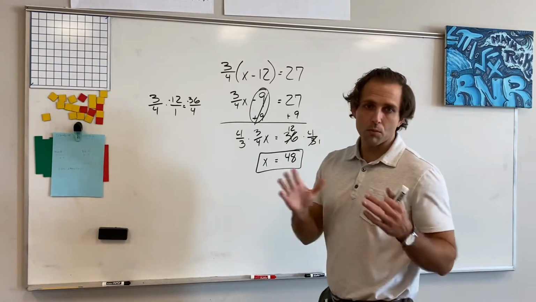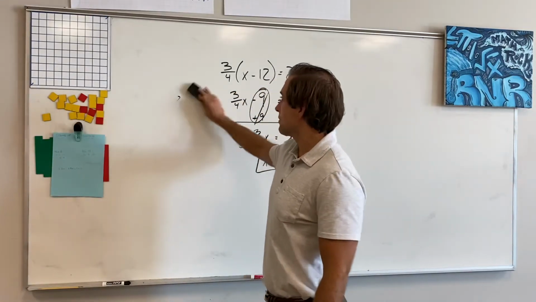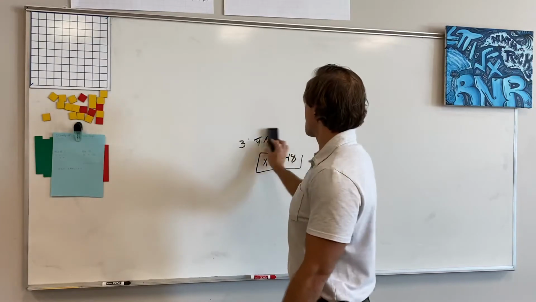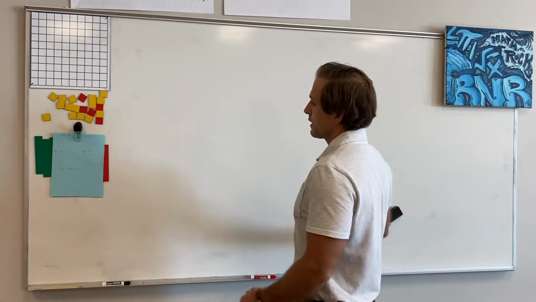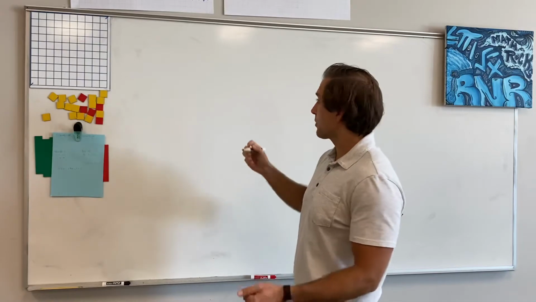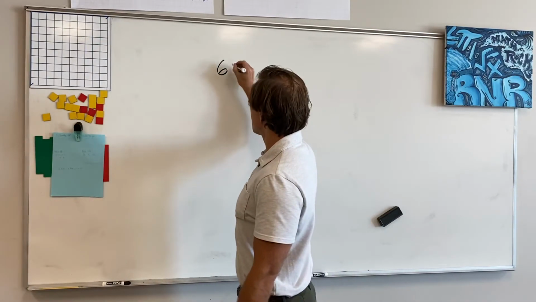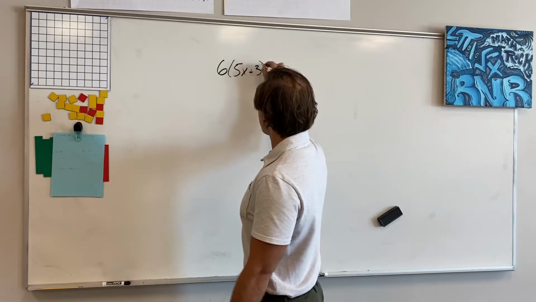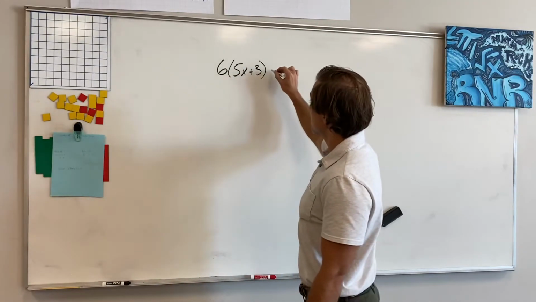I'm going to put in one more level of complexity here for you with distribution. There is a potential that you could get a problem where you have to distribute like 6 times the quantity of 5x plus 3, plus 2.